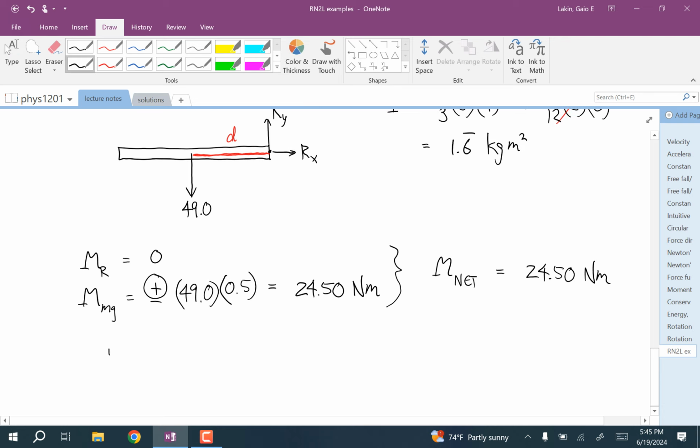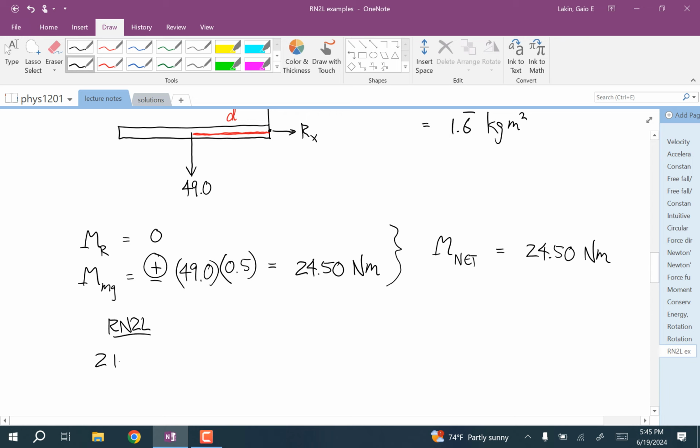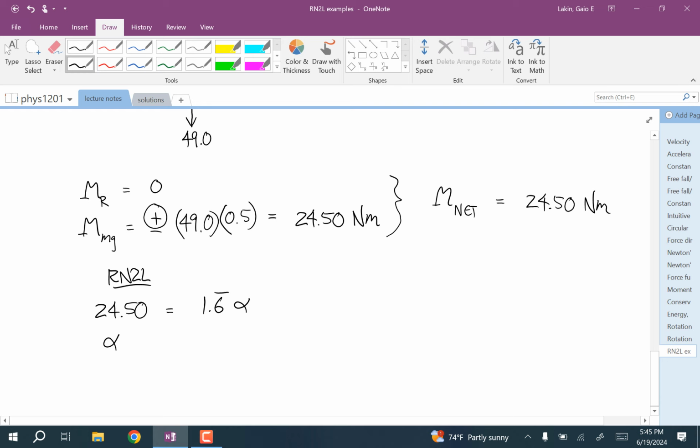Now we can put these into rotational Newton's second law, which says 24.50 is equal to 1.6 repeating times alpha. So alpha is equal to 14.70, and this is radians per second squared.